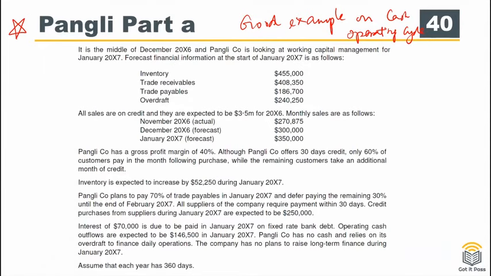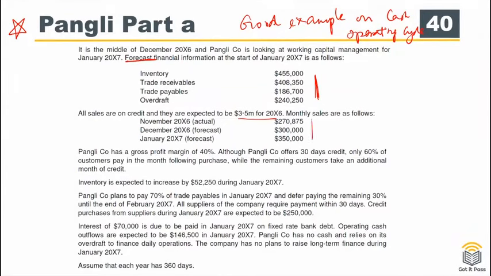In the question, the company right now is in the middle of December 2026, and the company is looking at working capital management for January next year. Here is the financial information at the start of January, which is forecast information only. Sales on credit are expected to be 3.5 million this year, and monthly sales are broken down as follows.